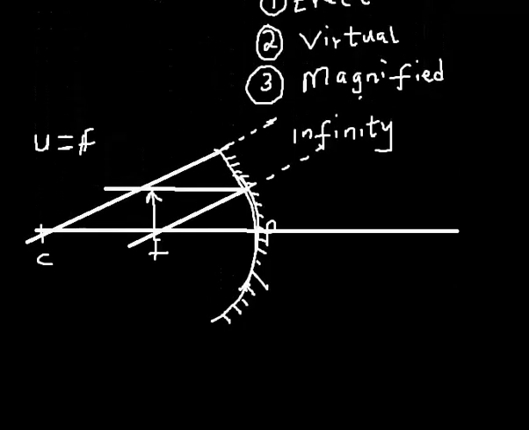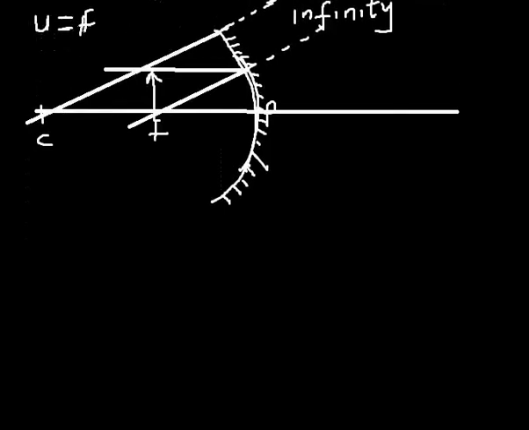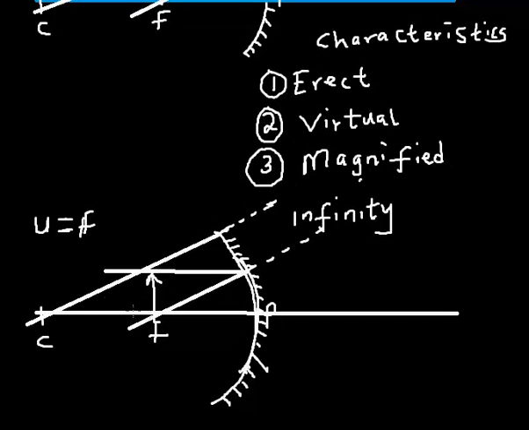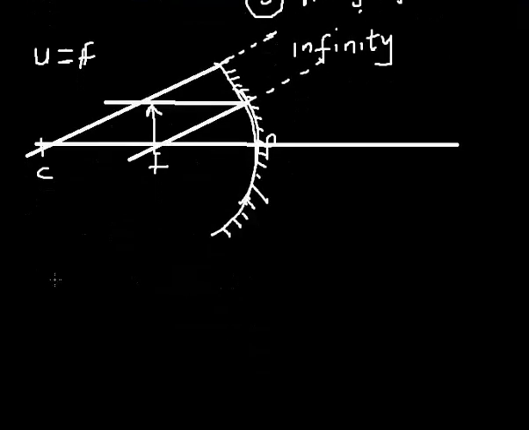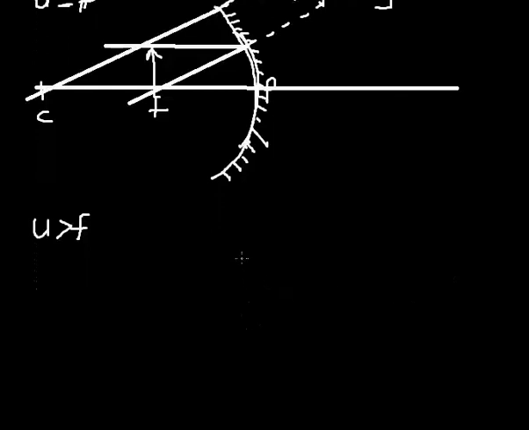All right, now the next thing I'm going to do is take this object and go beyond F, so I'm looking at where U is now greater than F. What then happens? Let's still draw the ray diagram of that.